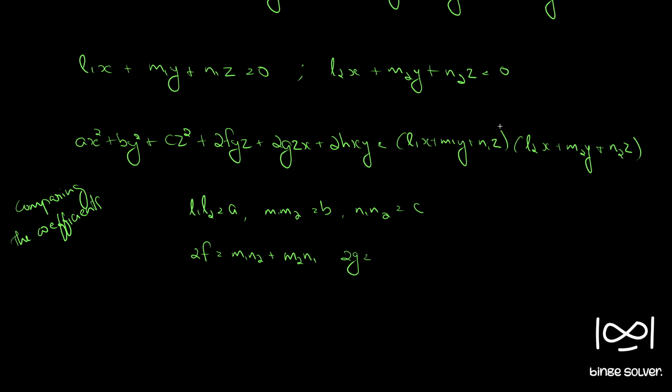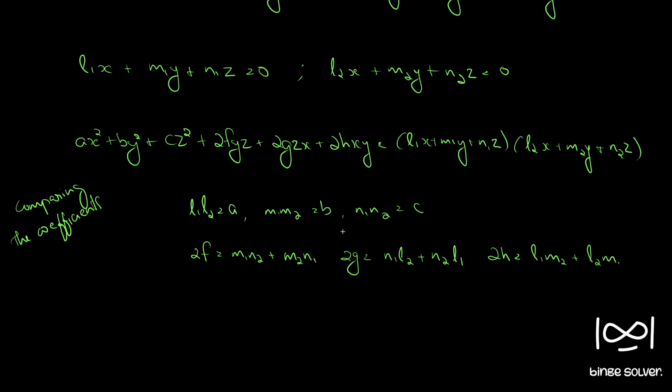And 2g is the coefficient of zx. zx will be N1L2 plus N2L1, so 2g = N1L2 + N2L1. And 2h we get as the coefficient of xy, which is L1M2 + L2M1.